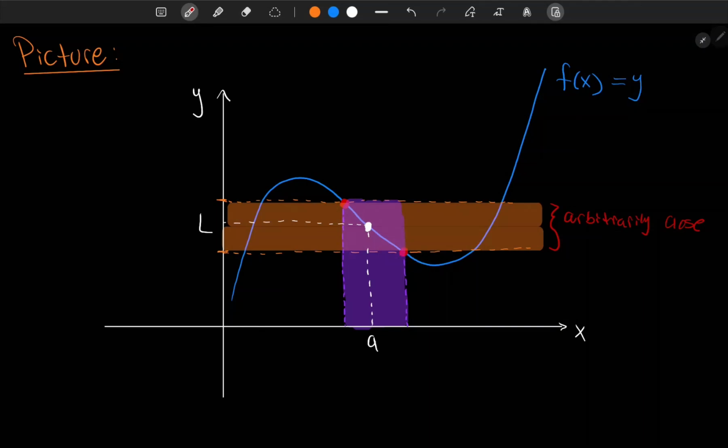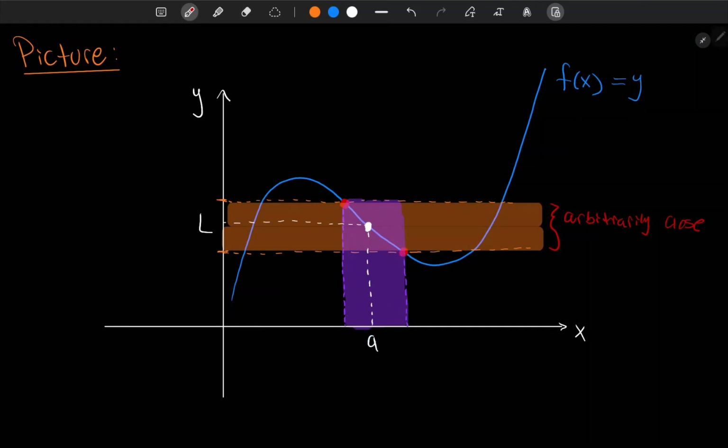And what the limit means is that when we wish for f of x to be this close to L, so we want our f values to be within this orange region, it means that we can find some x values that give us those exact f values. Here, all of those x values are given within this purple region.